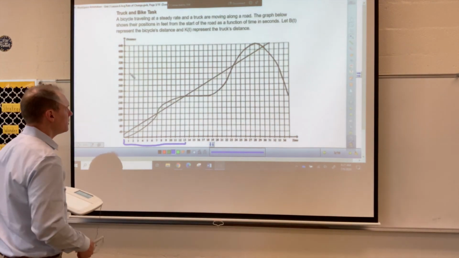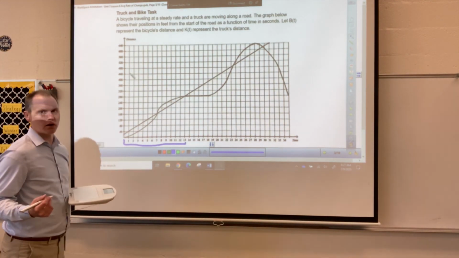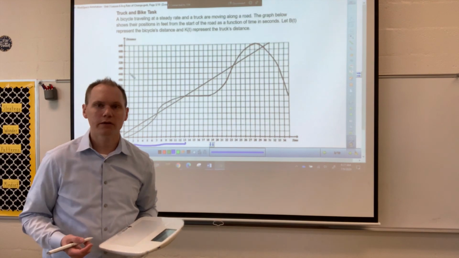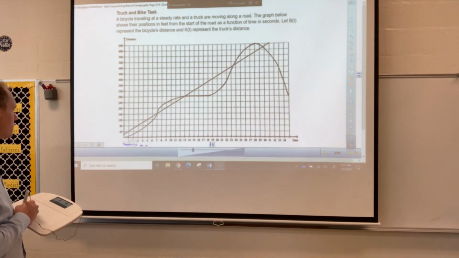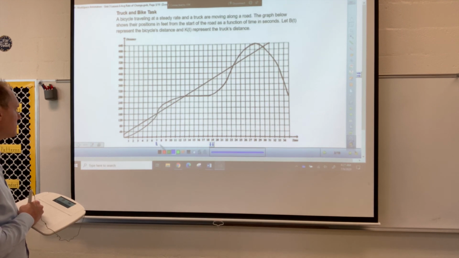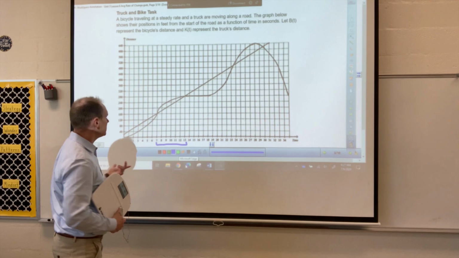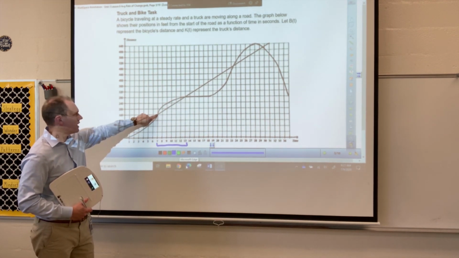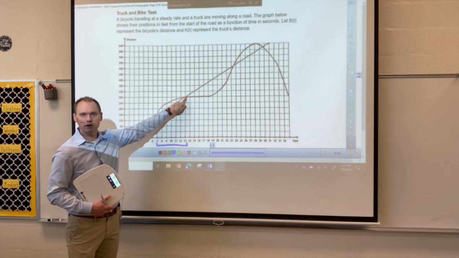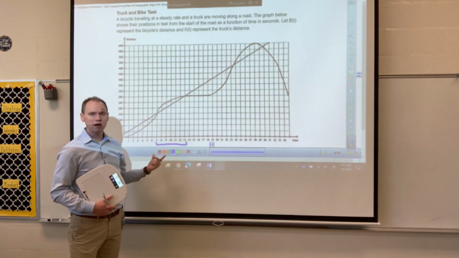Okay, so there are a few instances that are easier to see than others. For instance, between 7 seconds and 13 seconds. That's one that's fairly easy to see because they start at the same distance away from the starting point and they end at the same distance away over the same amount of time.